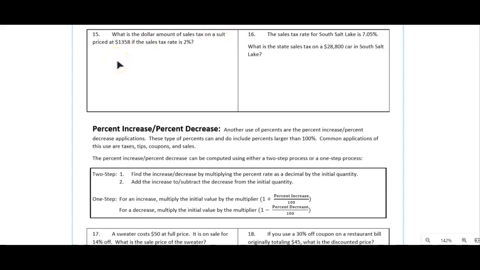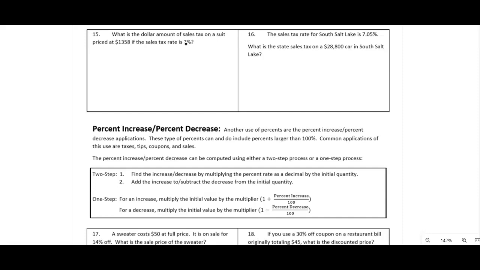Problem number 15. What is the dollar amount of sales tax on a suit priced at $1,358 if the sales tax rate is 2%? Okay, so here we're given the percent and we have the total.